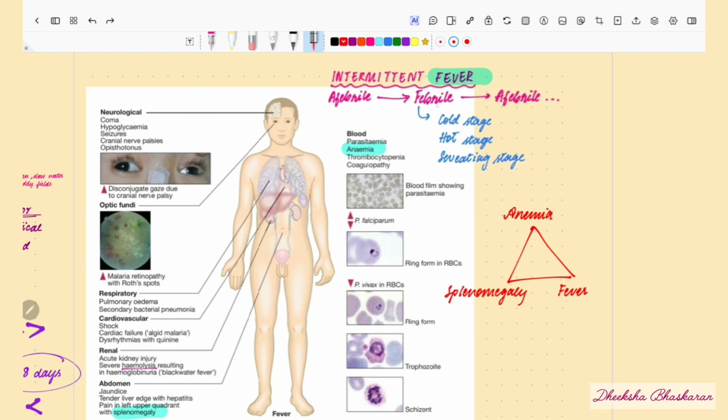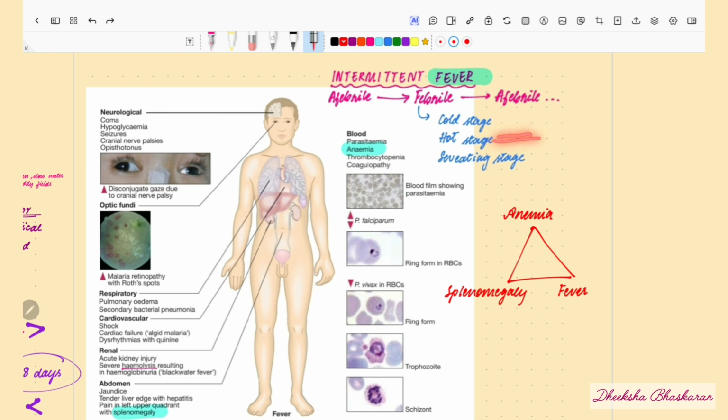Intermittent fever. Okay, the febrile phase has 3 stages of the fever. There's a cold stage, there's a hot stage, there's a sweating stage. What do we mean by cold stage? The person starts feeling chills and rigors in the cold stage, and then that lasts for some amount of time. And then there's a hot stage where the person has a very high temperature and is looking all reddish and flushed.